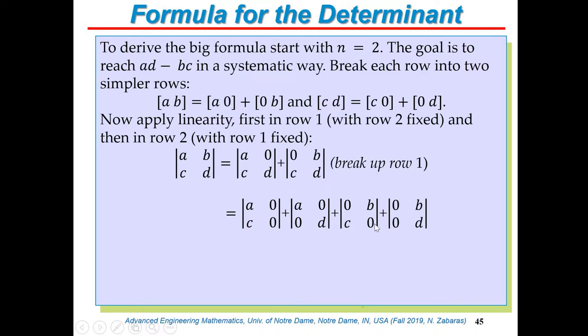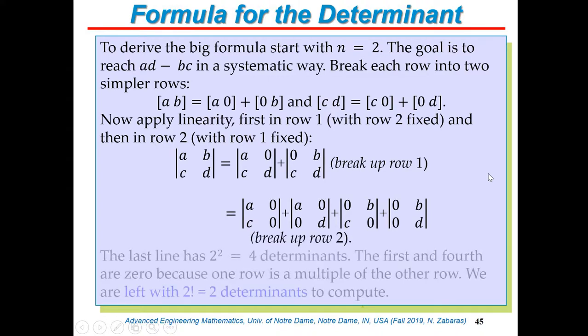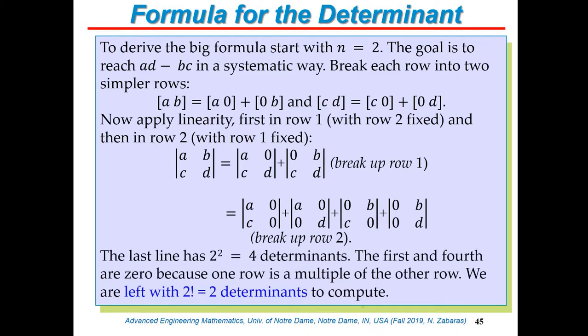And then I'm splitting CD into C0 and 0D again. All right, the first determinant is 0 because 1 column is 0. The fourth determinant is 0 because 1 column is 0. And effectively what you're getting is this 2 factorial total number of determinants that we have seen before.